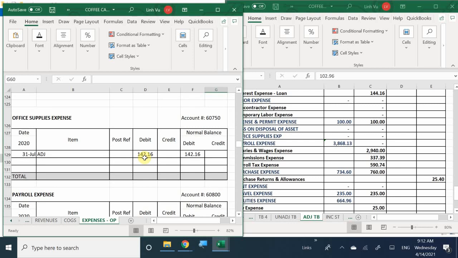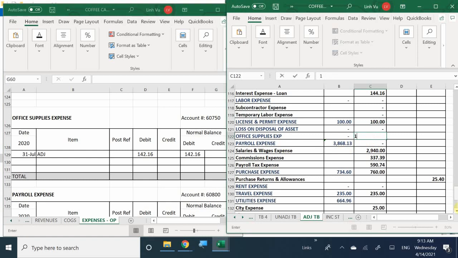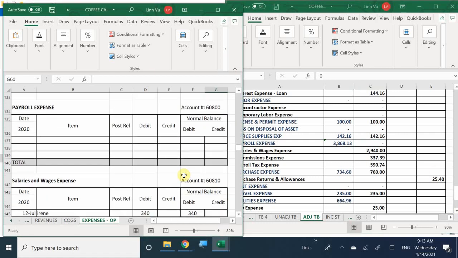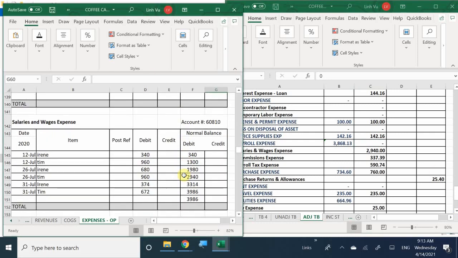We have office supplies expense. 142.16. Okay. And then payroll expense. So yes, we had to accrue payroll for Irene and Tim for salaries and wages expense.